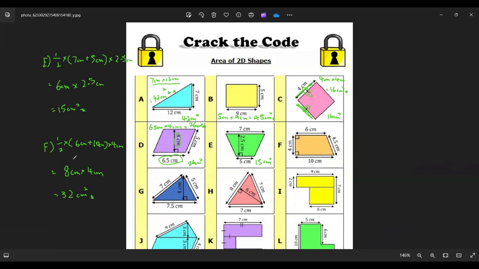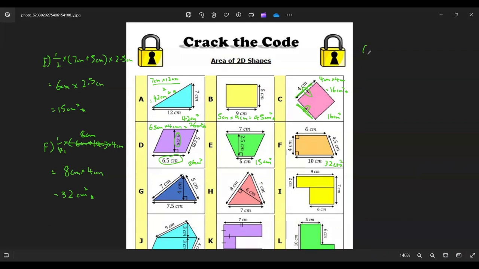The reason I get that is because I use 10 plus 6, which is 16 cm, then times 1 over 2, which I'll get 8 cm. So this is the 32 cm squared.